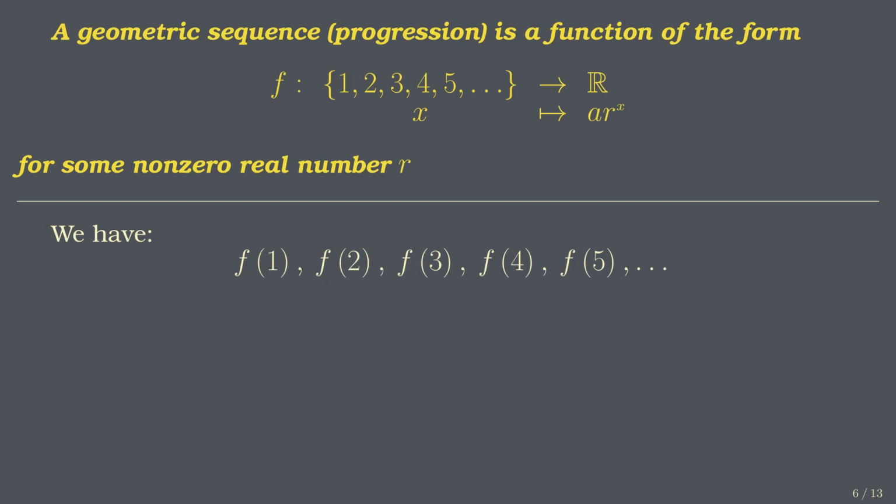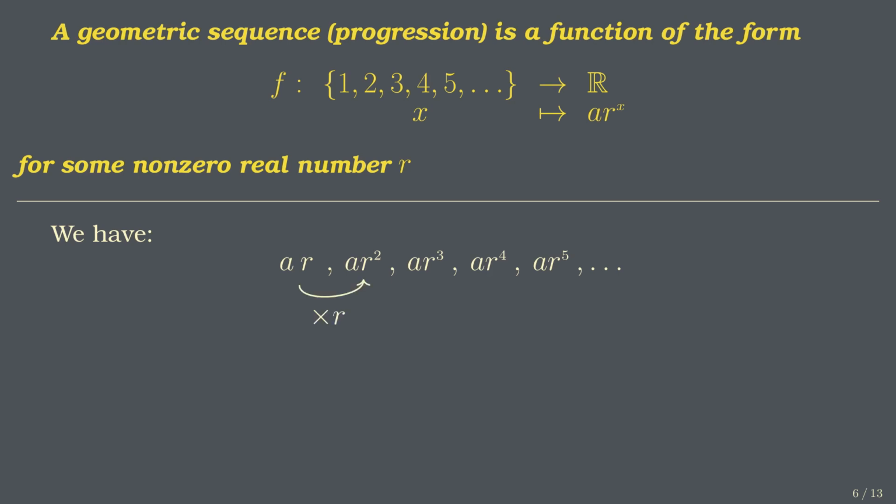We can also compute the first several terms of a geometric sequence, which look like a, then a times r, a times r squared, a times r cubed, a times r to the 4, etc. Visibly, we see that if you want to pass from the first term to the second term, you have to multiply the first term by r.